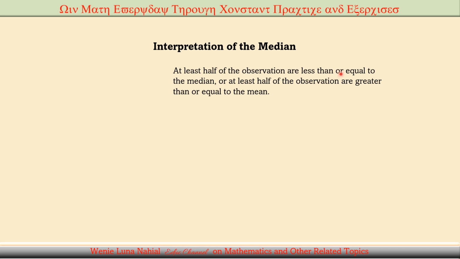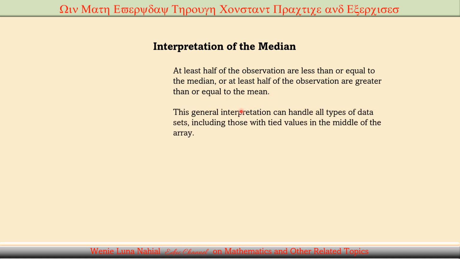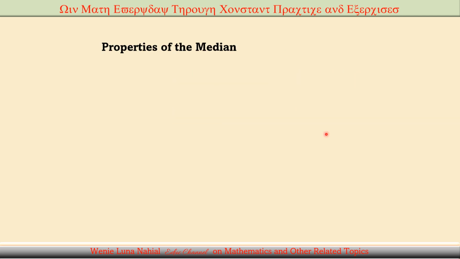But if the number of observations is odd, then it is less than or equal to, or at least half of the observations are greater than or equal to the median. This general interpretation can handle all types of data sets, including those with tied values in the middle of the array. Now, properties of the median.